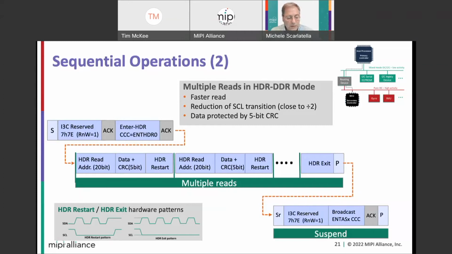There is also another example later on for the target reset, where you hold the SCL line low and then you toggle the SDA line a number of times. And then you go back to sleep: you exit the HDR mode, go to standard mode, and then put the bus again in idle mode. So this is also an additional way to achieve the same thing with faster speed and more data protection.